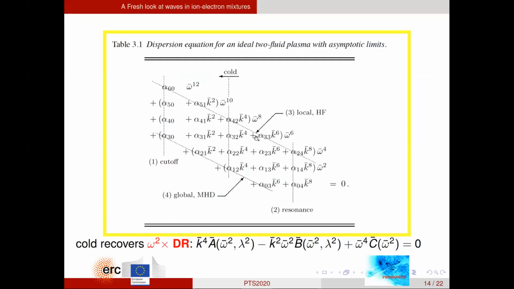The reason why textbooks can work with a quadratic equation in n squared is because if you ignore the thermal effects, then all the k to the power 6 and k to the power 8 terms vanish. All those coefficients here, I didn't give you the expressions, but they basically are proportional to the pressure, and so they vanish. If you want to treat a warm ion electron plasma, you have to handle already something that is fourth order in k squared, basically.